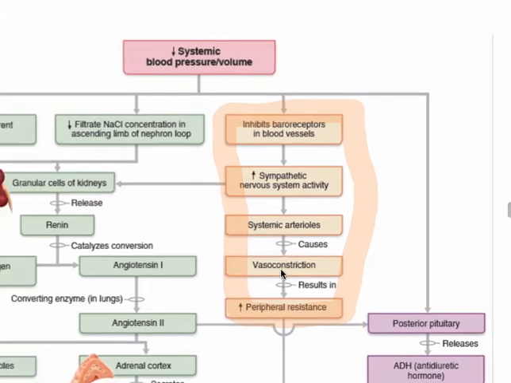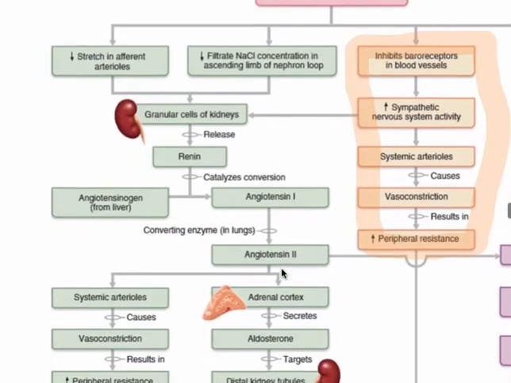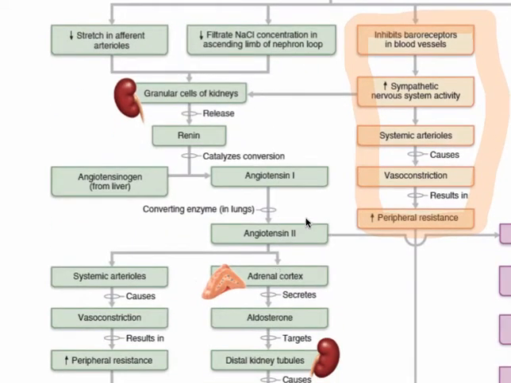There's also the classic renin-angiotensin system that we have seen now. So this is showing the decrease in the stretch of the afferent arterioles leading into the glomerulus. This is going to cause the granular cells of the kidney to release renin, and that leads to angiotensin II being formed.